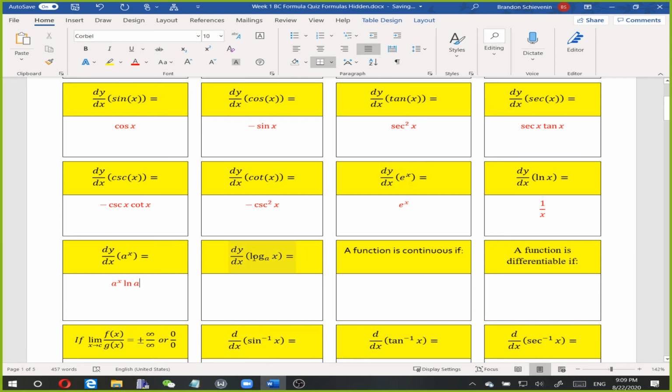Kyle, if I derive log base a of x? In this case, this is 1 over something.